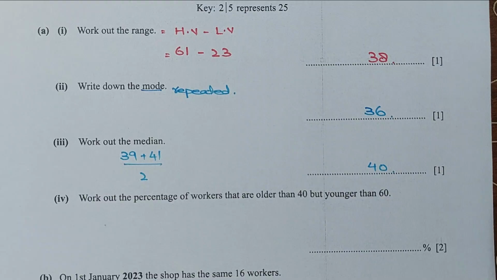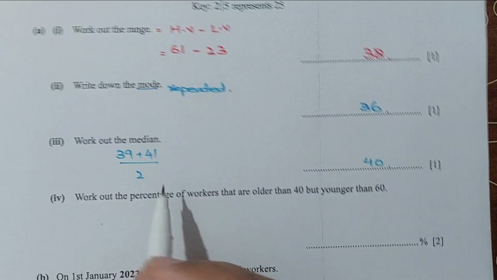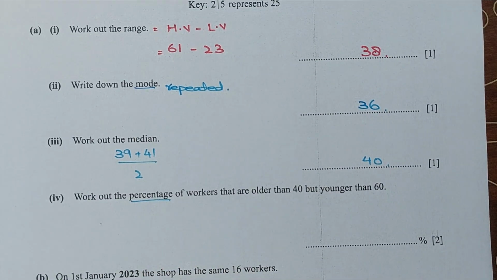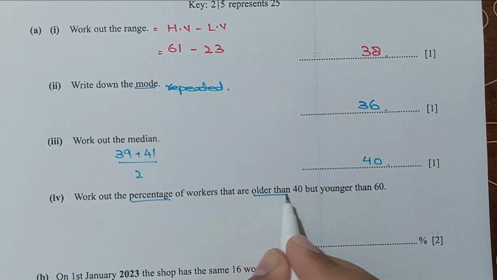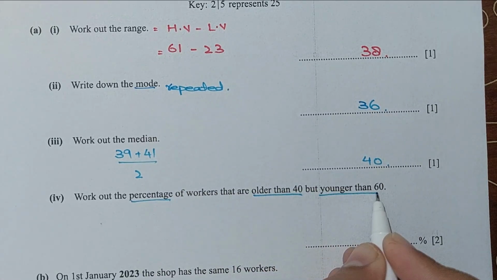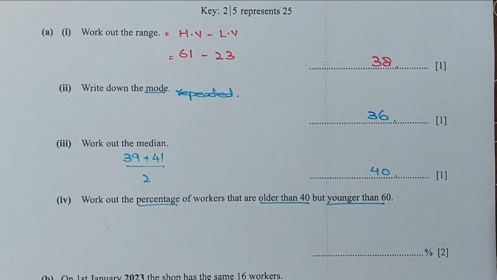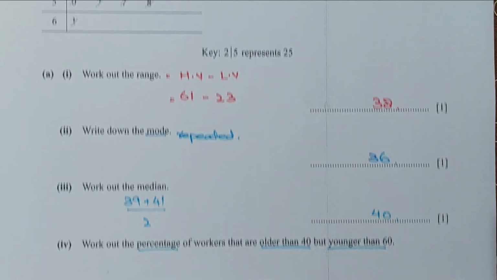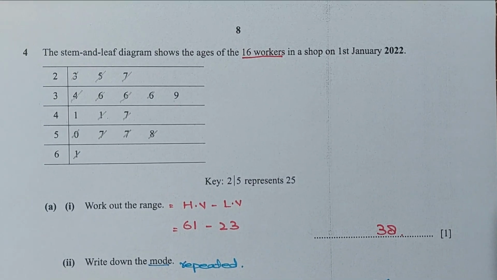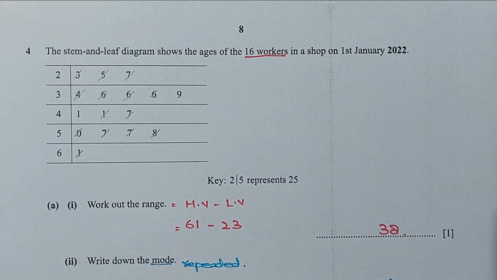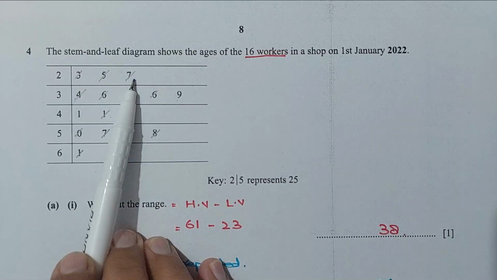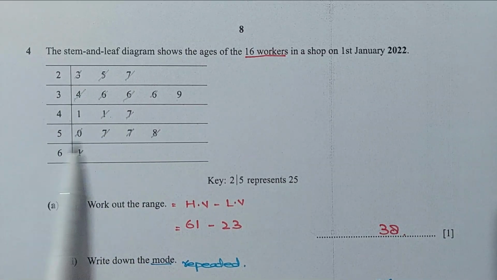Now for part 4, work out the average percentage of the workers that are older than 40 but younger than 60. Between 40 to 60, we have to find the number of workers. Okay, these are the ages: 20s, 30s, between 40 and 60.